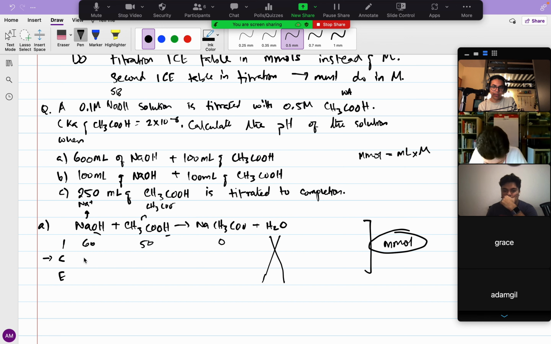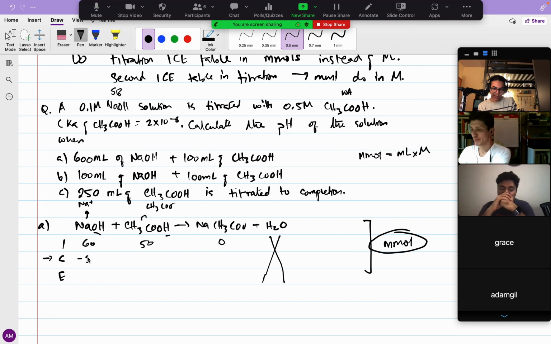60 minus x, plus x, but we know what our x is. The reaction goes to completion, so the lowest thing runs out. Oh, got it. So minus 50, minus 50, plus 50. Exactly.